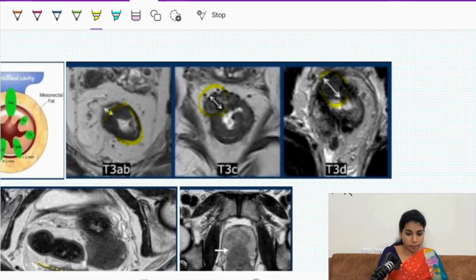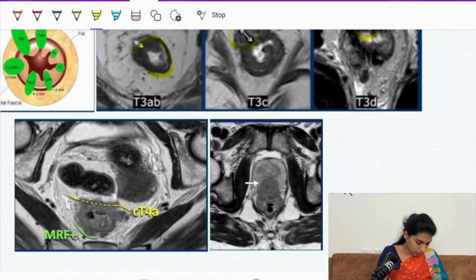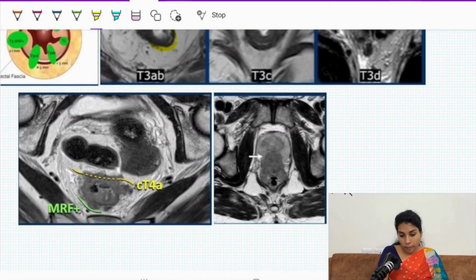So I've already explained that rectum is surrounded by mesorectal fat, which is encapsulated in a mesorectal fascia, right? So when do we call that the mesorectal fascia is involved? Obviously, if the tumor is touching the mesorectal fascia, we will call it involved. However, if the distance between the tumor and the mesorectal fascia is less than 1 mm, even then we call it a positive mesorectal fascia involvement.